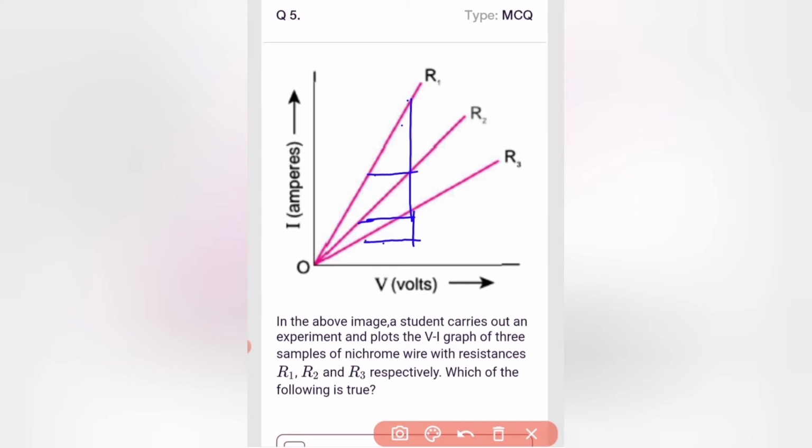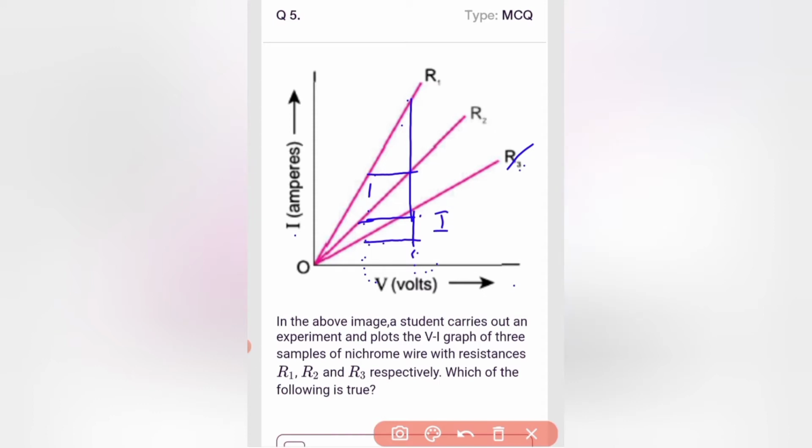Here this will represent the voltage V, the voltage difference of these two. You find that voltage is almost the same, but what about the current? For this particular curve, the current value is less.